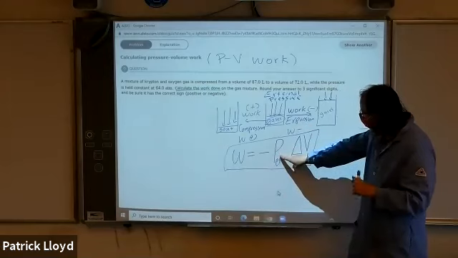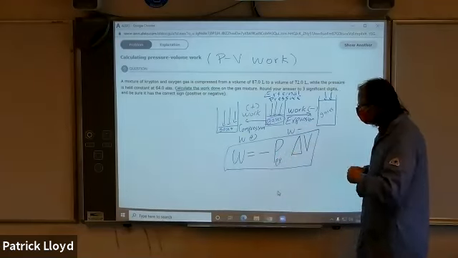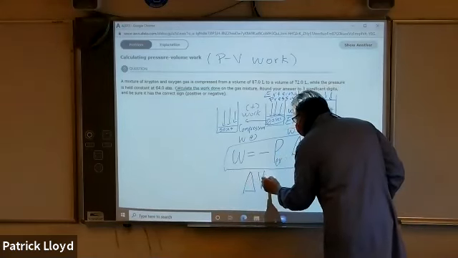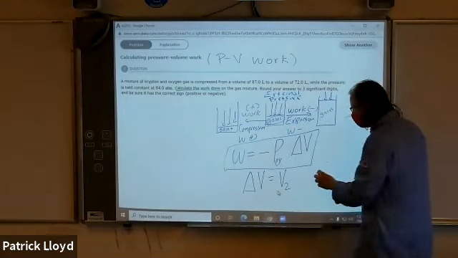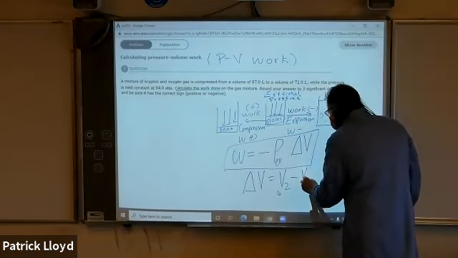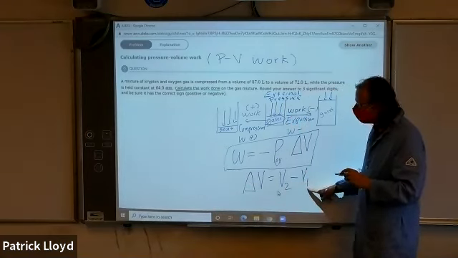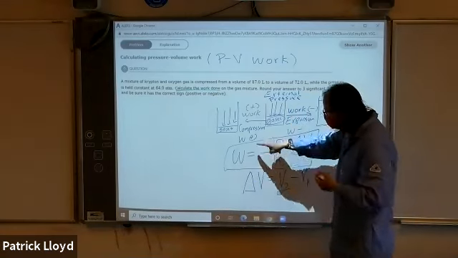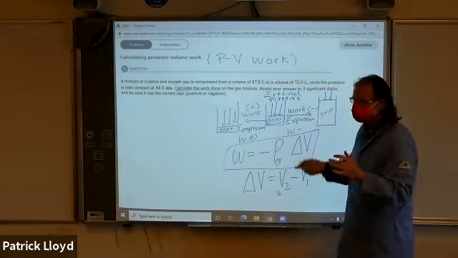Okay. So that number is going to be given, and then you just have to find out what delta V is. And that delta V is just V final or V2. I'll use numbers as subscripts. V2 minus V1. So your final volume minus your initial volume. Don't forget the negative. The negative is there to ensure that compression is positive and that expansion is negative.